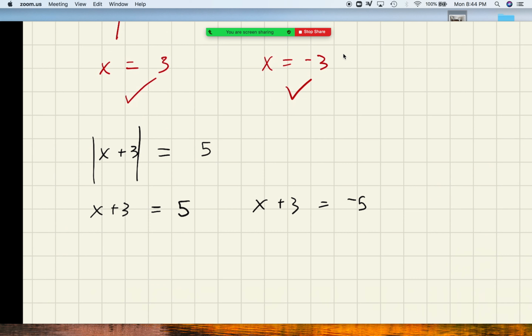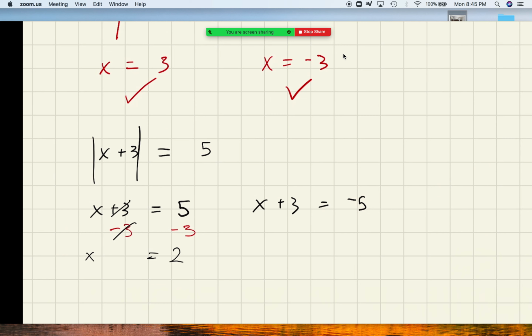The way I can do that is by subtracting 3 from both sides to get the x by itself. So I get x equals 2. That's one answer. I'll check that later. And then on this one, I just remove the absolute value, but change this to a negative, and then solve this.